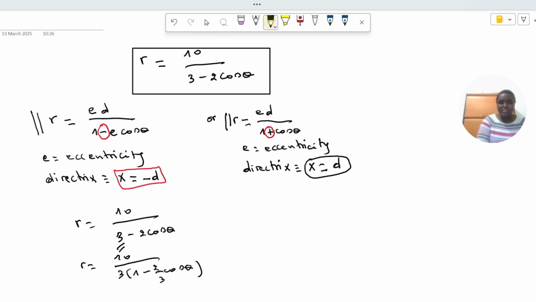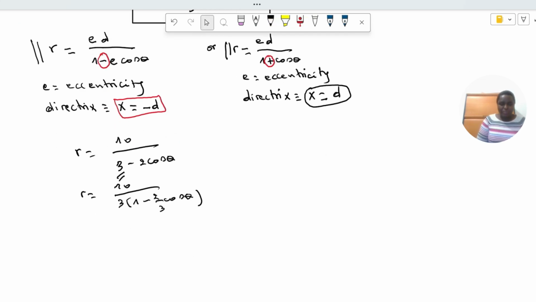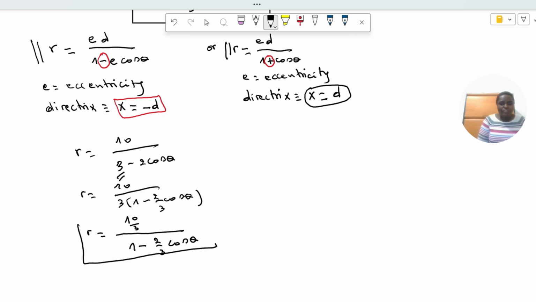And we can also write it in this way: R equal to 10 over 3, and then over 1 minus 2 over 3 cosine theta. And this is the form that we have.